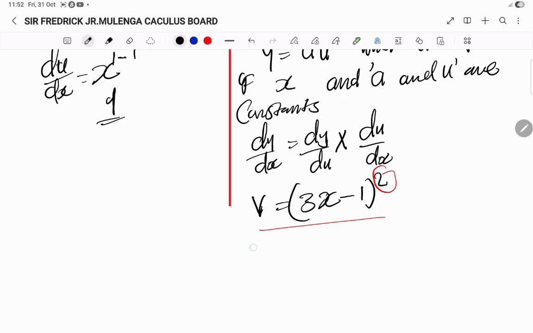So let u be what is inside here. Our u is going to be 3x minus 1.